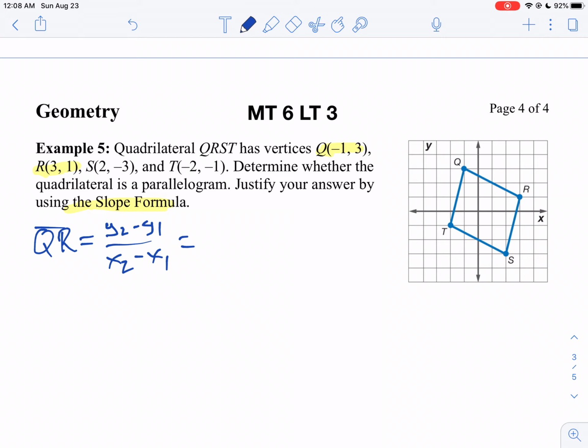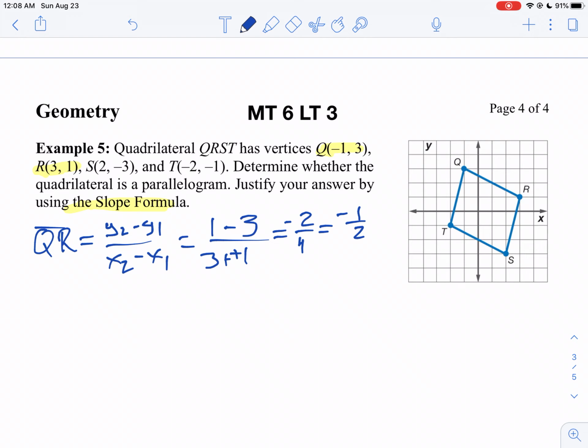I'm going to say 1 minus 3. Remember, we subtract the y's, not in the same ordered pair. 1 minus 3 over 3 minus a negative 1. Well, 1 minus 3 is negative 2. 3 minus a negative 1 is 4. So the slope of QR is negative 1/2.